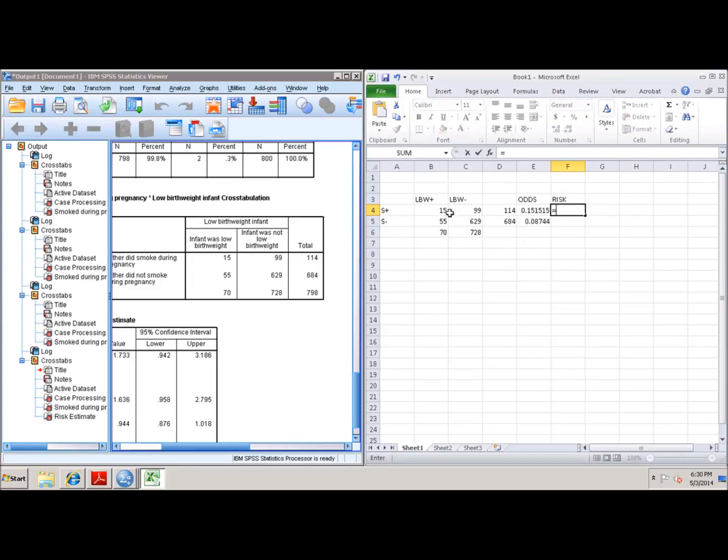So that is 15 divided by the total, which is 114. And then we have 55 divided by the total, which is 684.